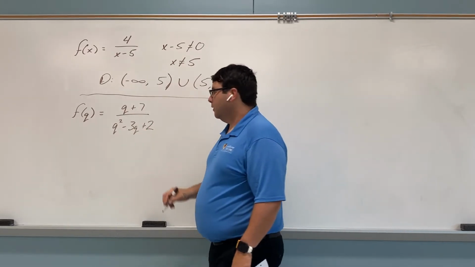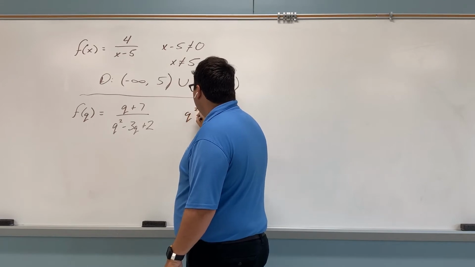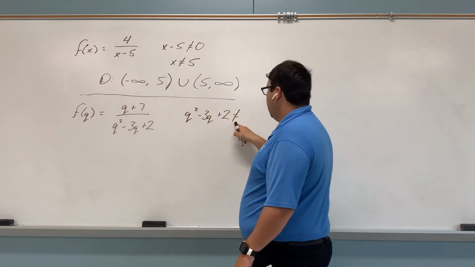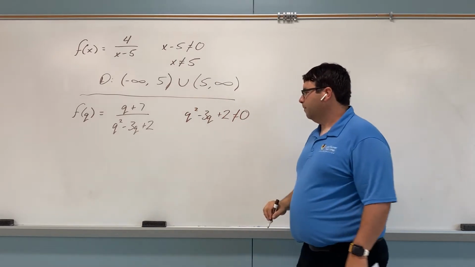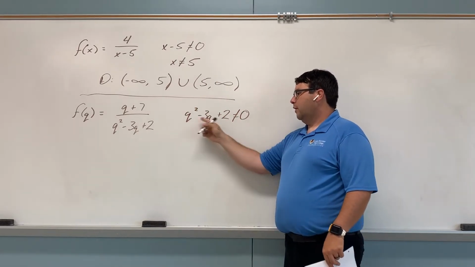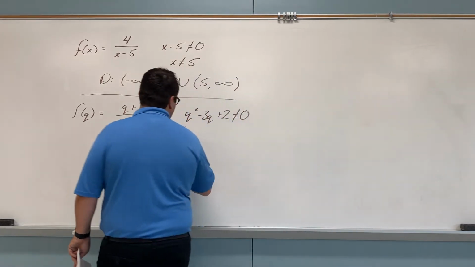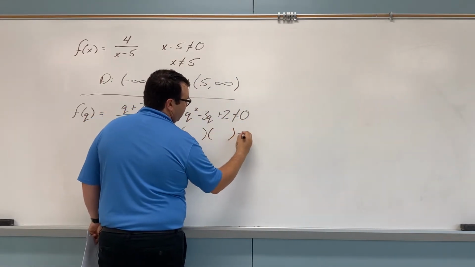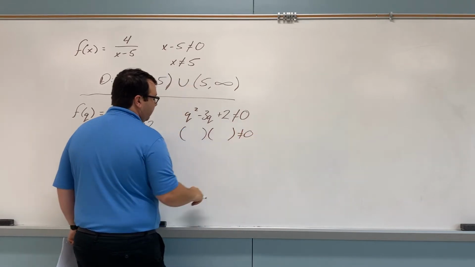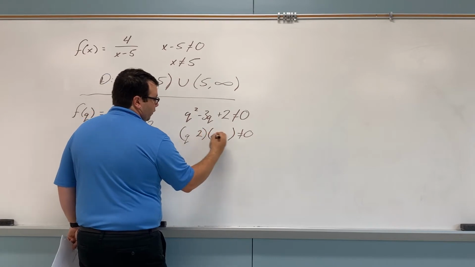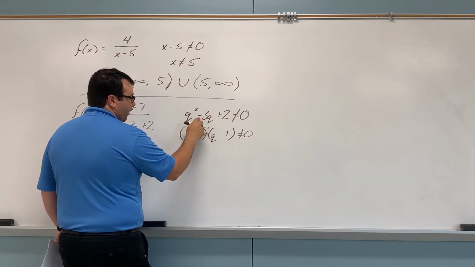So let's solve that. So I have q squared minus 3q plus 2 cannot equal 0. Well, hey, this is a trinomial that can be factored. So let's do that. Let's factor this down. Cannot equal 0 still. I have q, factors of 2 are 2 and 1. Signs are the same and they are both negative.